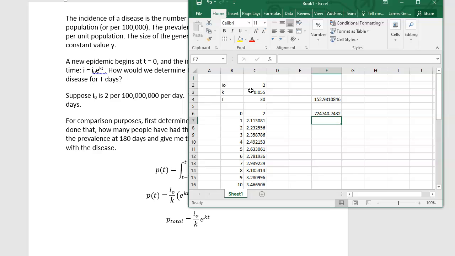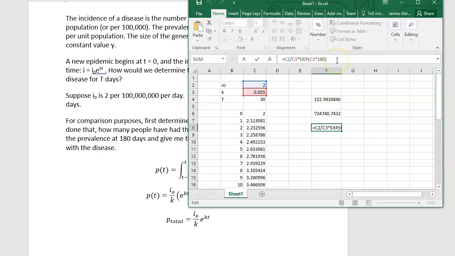725,000. At day 30, we had 153. At day 180, basically 6 months down the road versus 1 month down the road, we're at 725,000. How many people have active cases at that point? Well, if we want to know that, I'm going to just copy this.